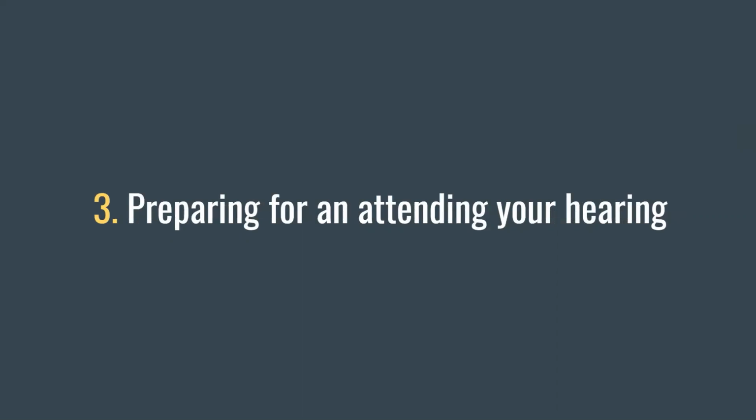As you're preparing for attending your hearing, you'll get another email with your hearing date, time, and location. Your hearing will be with a conduct officer or the conduct board. The conduct board is made up of faculty, staff, and students from all WSU campuses.